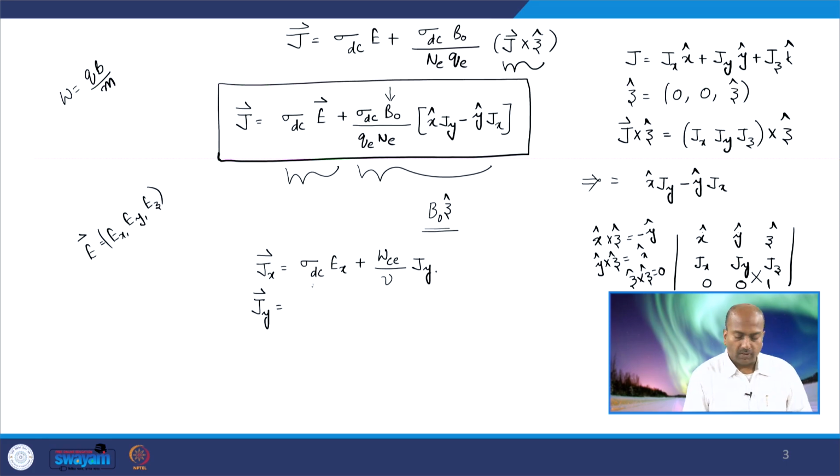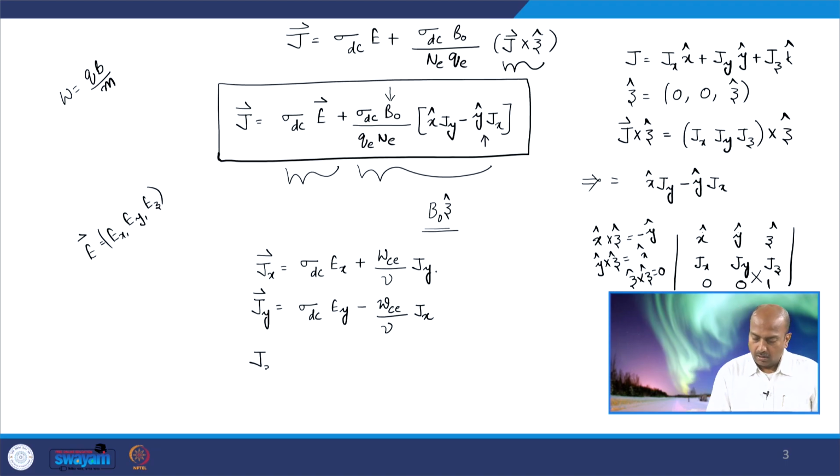Okay, and Jy, the y component of the conductivity, will become sigma dc times Ey minus omega Ce divided by the collisional frequency times Jx, because I am now referring to this term along y cap, Jx.